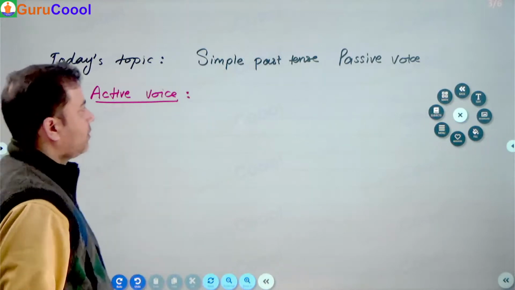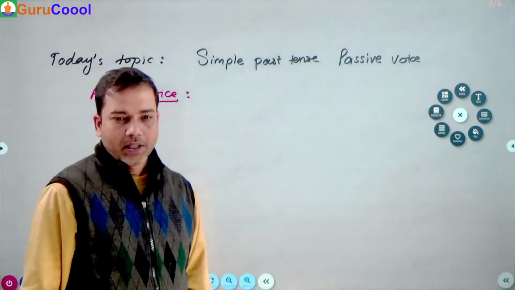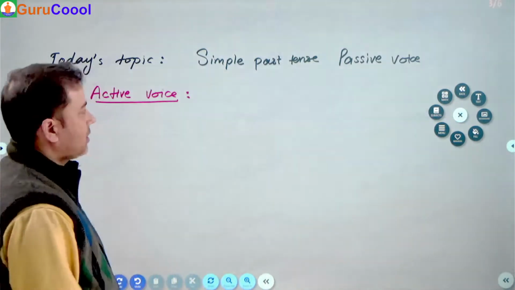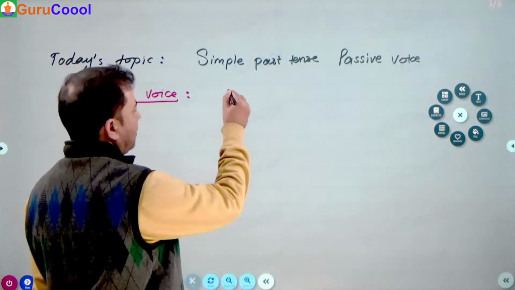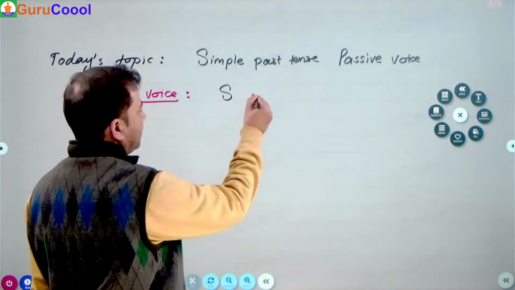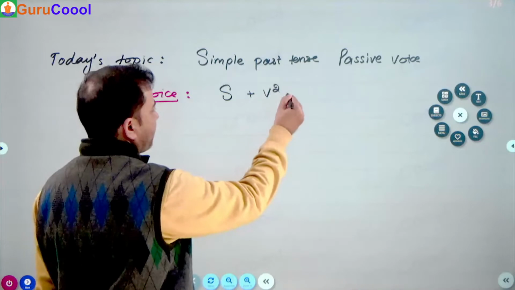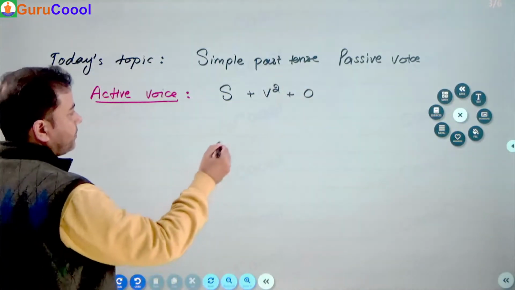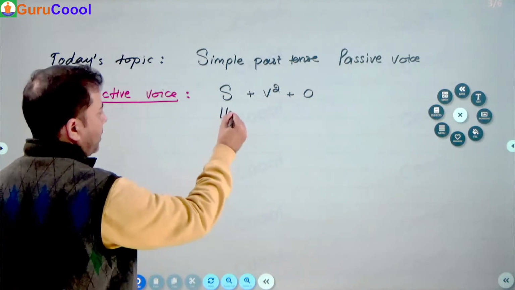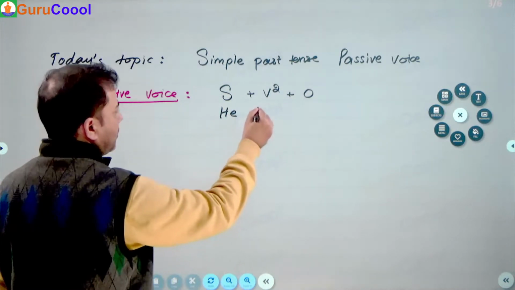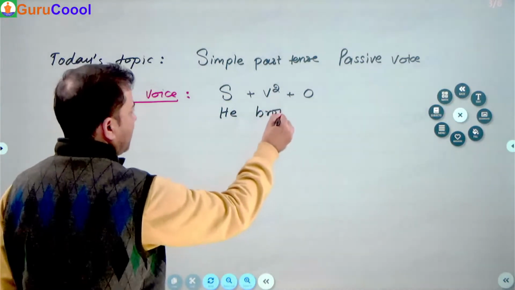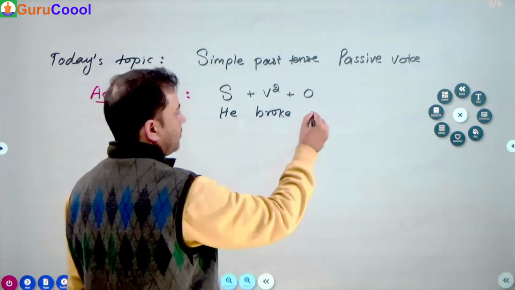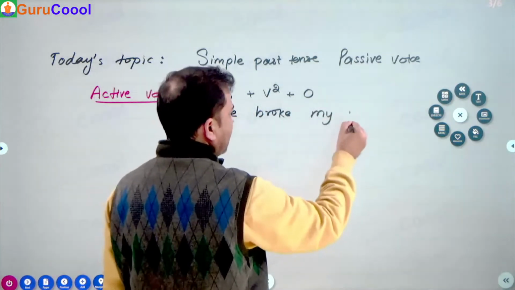Simple past tense active voice has the structure: subject plus V2 plus object. For example, he broke my pencil.